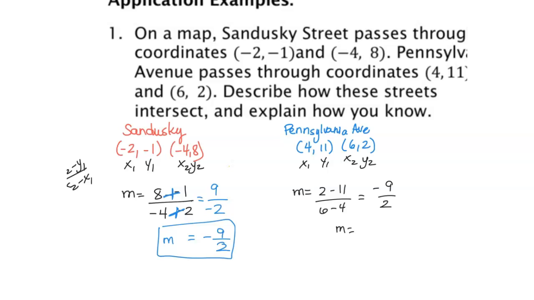So m equals -9 over 2. Well, if you look at it, you have a -9 over 2 for Sandusky as your slope. And then for Pennsylvania Avenue, we also have a -9 over 2. So in this case, our slopes are the same slope. And so that means that these are two parallel streets.